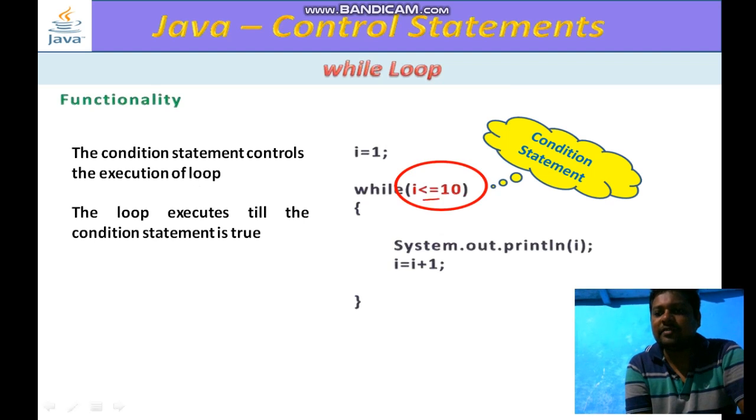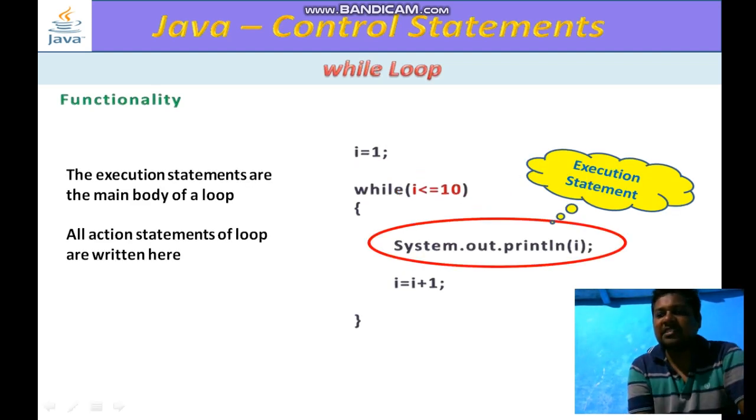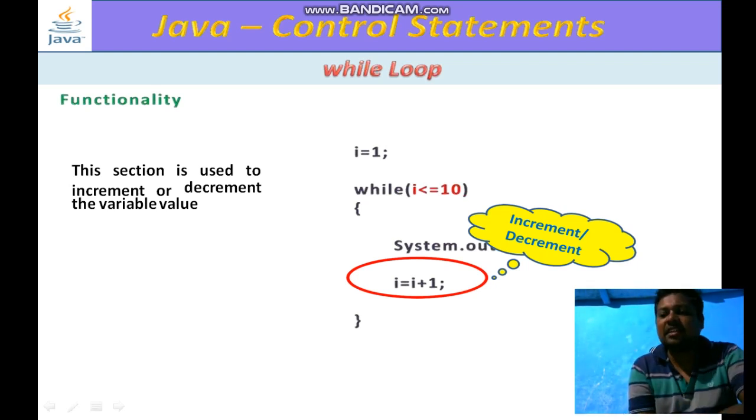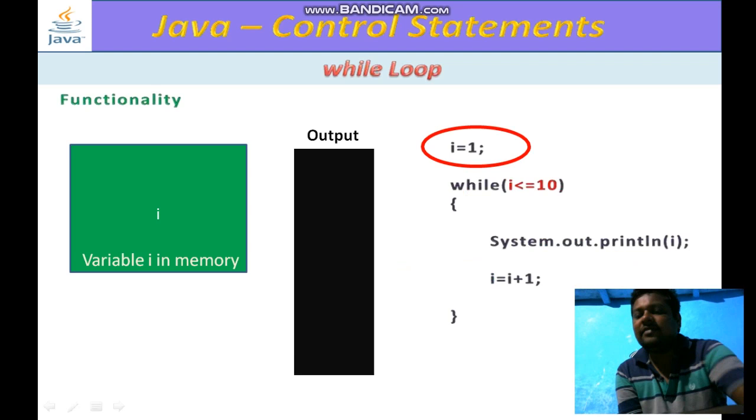After that we print the value, meaning some action in the body, executing statements in the loop. After that we increment. Keep in mind that increment and decrement is very important, because we stop the loop at a particular point. If we don't give increment or decrement, it will enter an infinite loop. Clear? Next, we'll see the execution step by step.